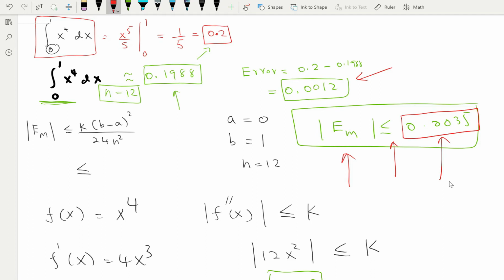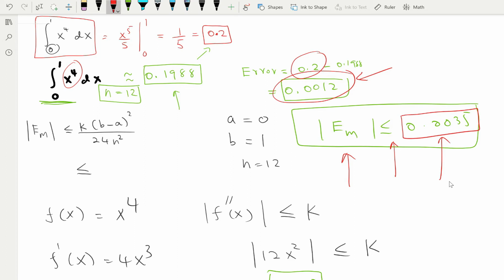Now think about this. x to the 4 was a function that we can integrate really easily. But the point of using an approximate integration method is to solve integrals which we cannot solve using basic integration rules or other integration rules. So really we never know how to find the actual error, because to find the actual error you need to know the real solution of the integral, which is something you don't know, and that's why you use an approximate integration method.